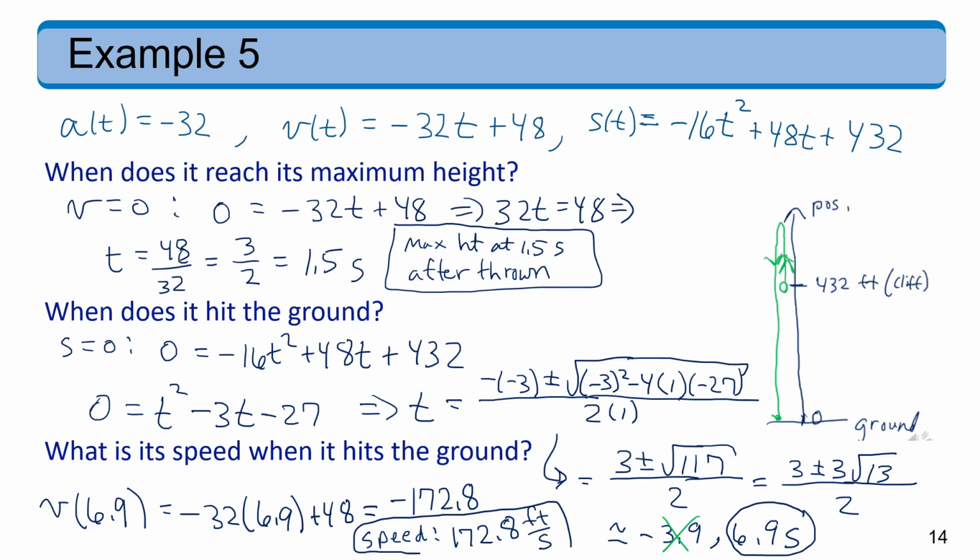Okay, so that's how fast the ball was falling at the instant it hit the ground, right before it came to a stop. So basically in this problem, we first did the new calculations, which was taking antiderivatives, plugging in initial conditions to go from our acceleration function to finally get to our position function.